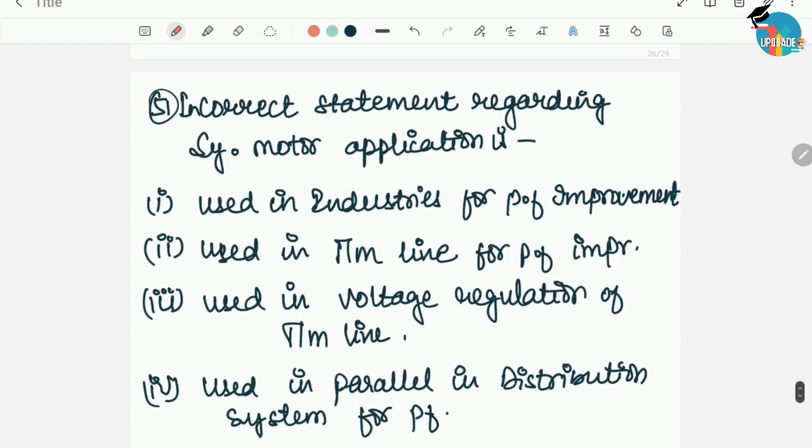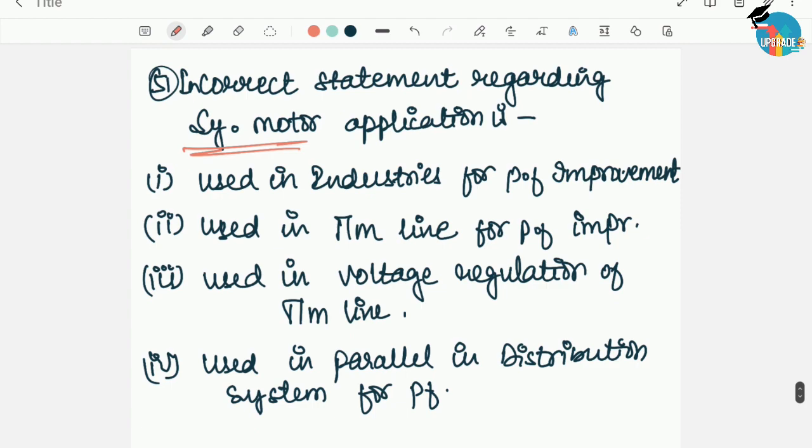The next question asked was the incorrect statement regarding the synchronous motor application. Regarding the application of synchronous motor, which of the following statements is incorrect? The options were: used in the industries for the power factor improvement. Yes, it is true. Next is, it is used in the transmission line also for the power factor. Yes, it is also used.